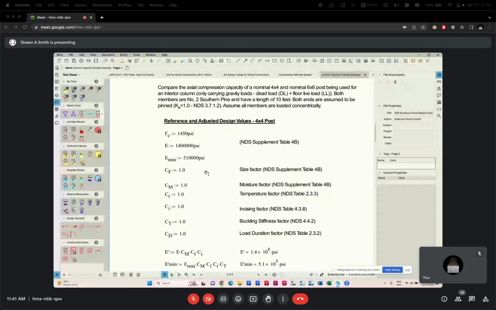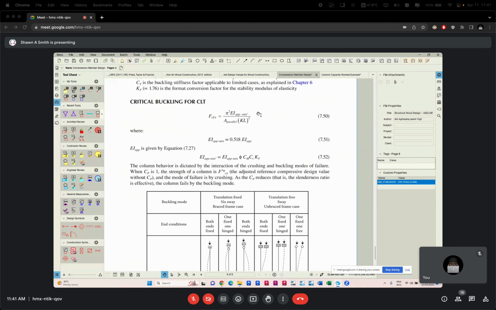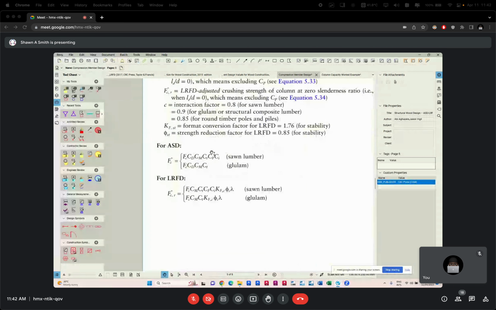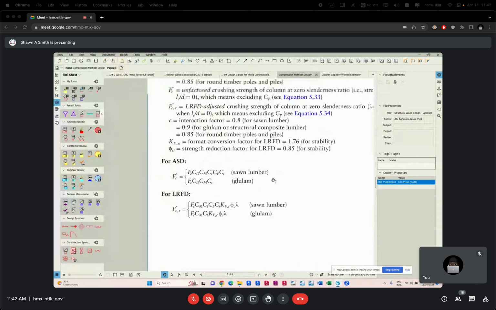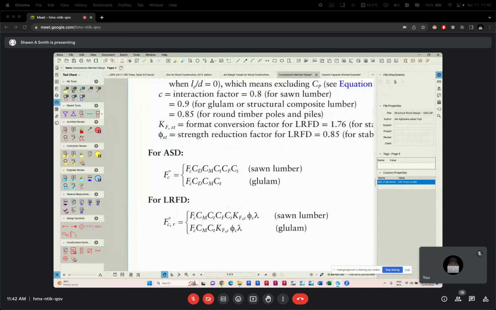Now, from the same, let's look at why we take size factor CF. Let's go back to what we did earlier. Because we'll be needing CF, we'll be needing CD, CM, CT, CF, CI.